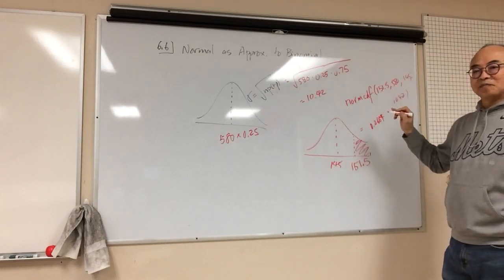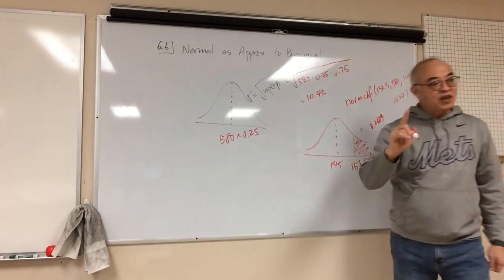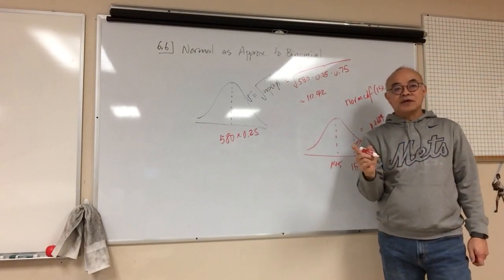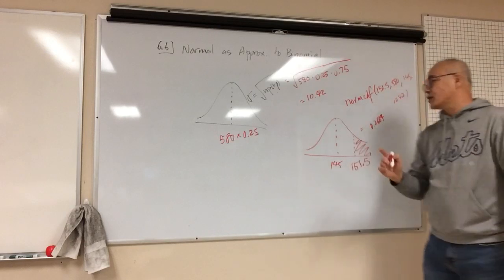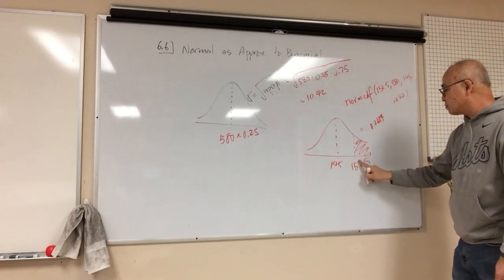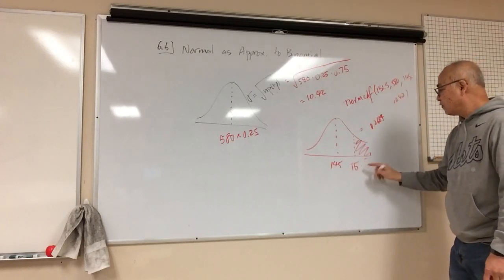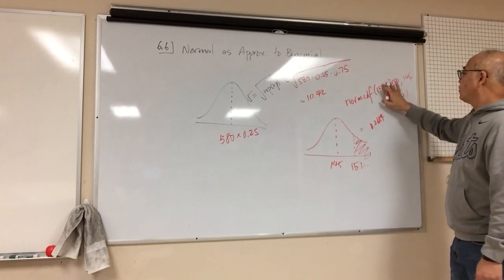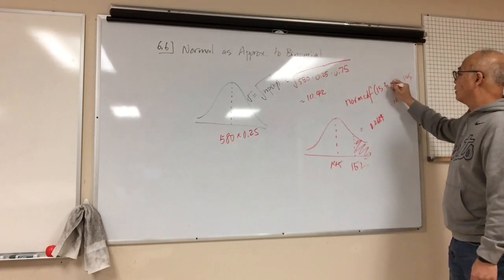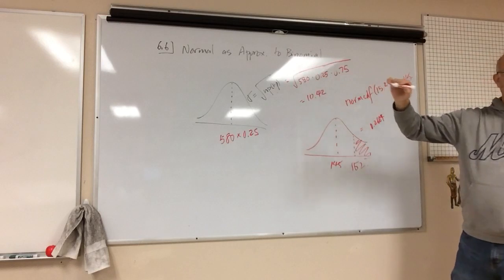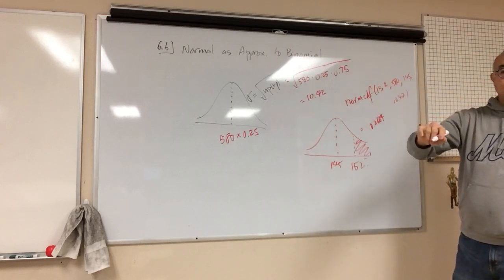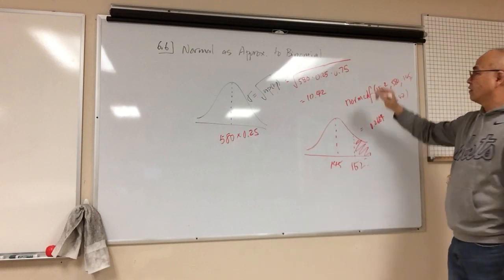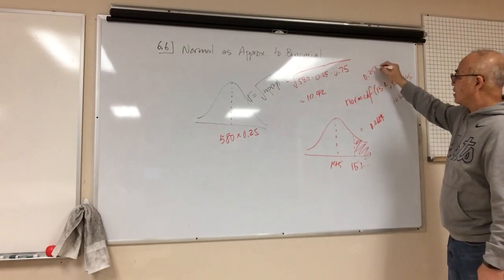Okay. So, let's see what happens if I did not do the correction. I would not use 151.5, but 152, correct? So put in 152 and tell me what you get. Shouldn't be that big of a difference. 0.2508.